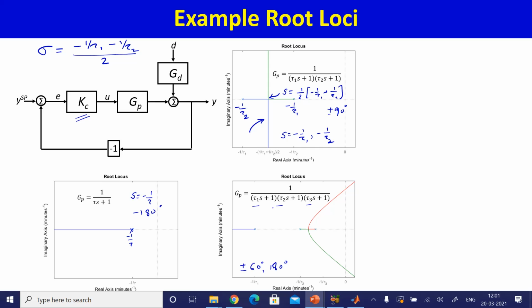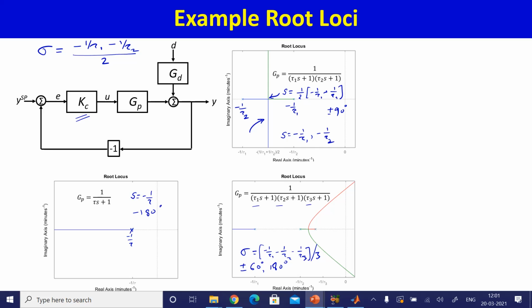And the real axis intercept of the asymptotes is going to be minus 1 by tau 1, the sum of the open loop poles, minus 1 by tau 2, minus 1 by tau 3, divided by the total number of asymptotes, that's 3.